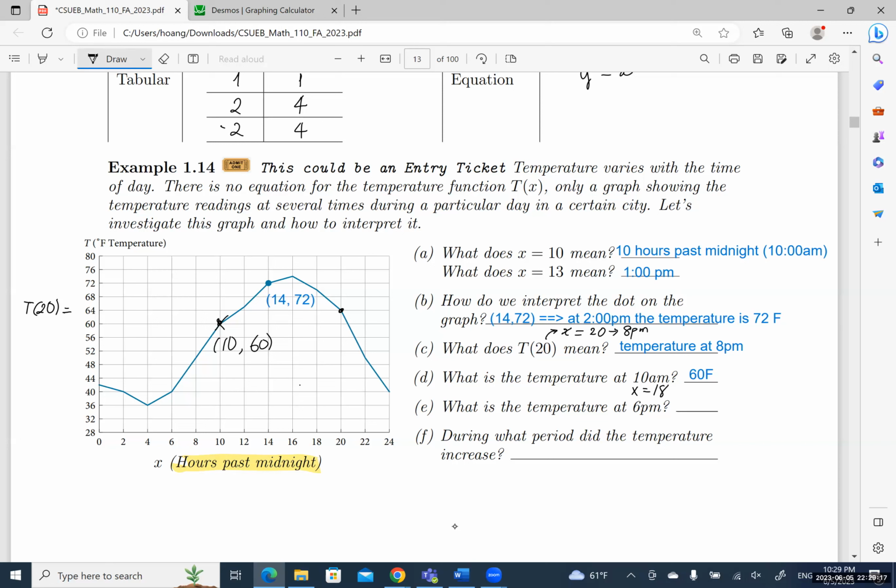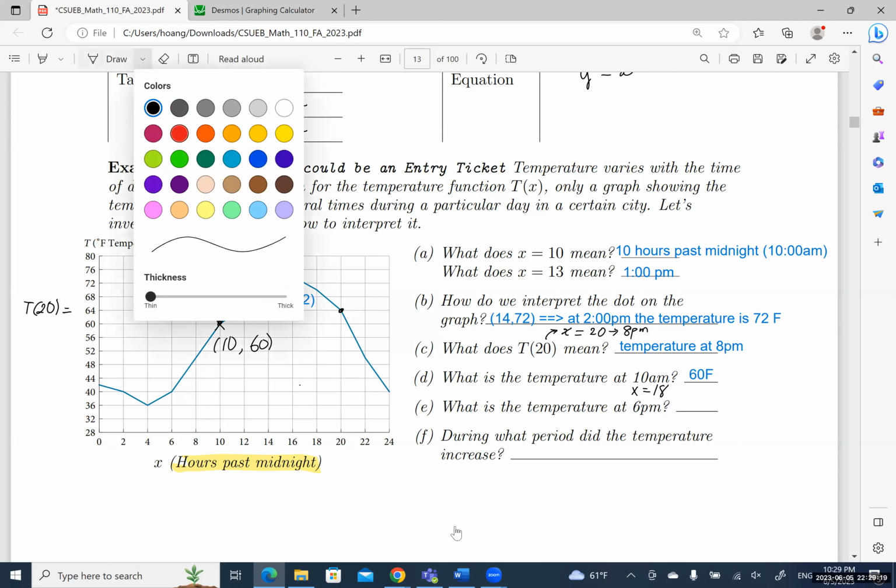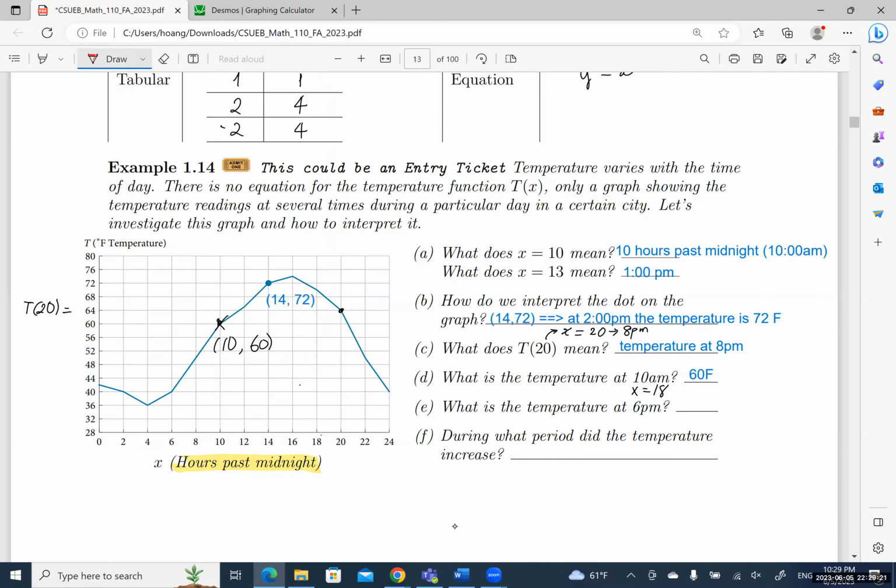And you look at when it was 18 and map to the graph, you will have this point which is 18 comma, I would say between 68 and 72, going to be 70. All right, then I want to say about 70 Fahrenheit.